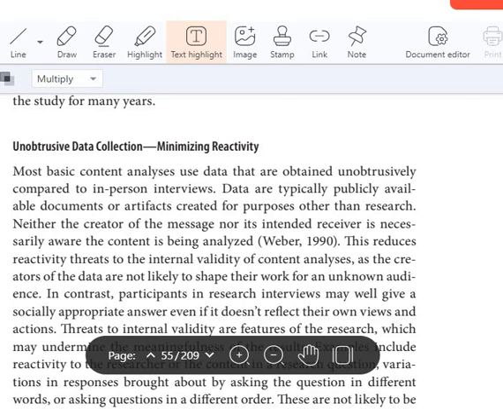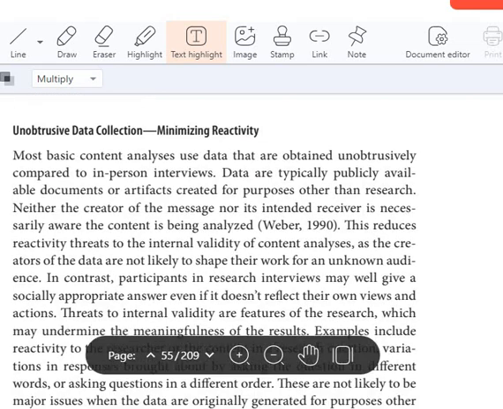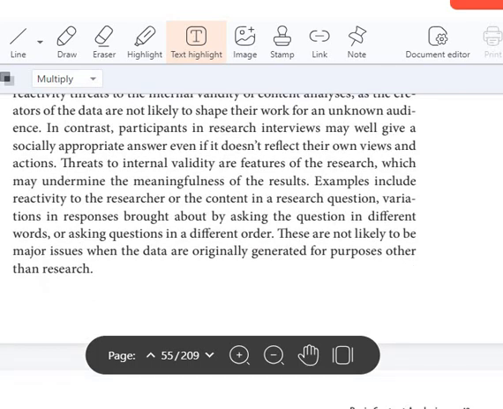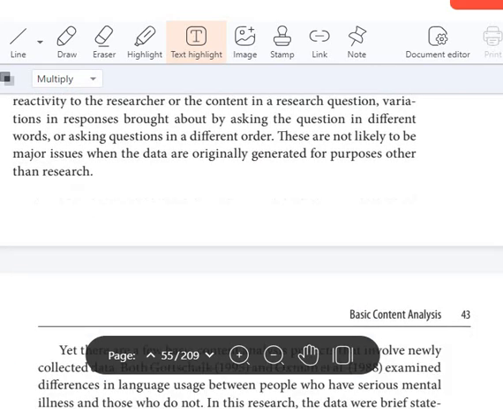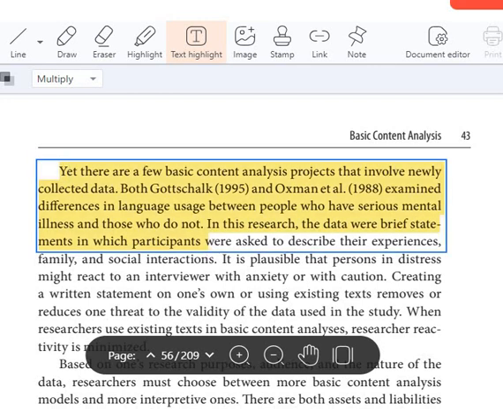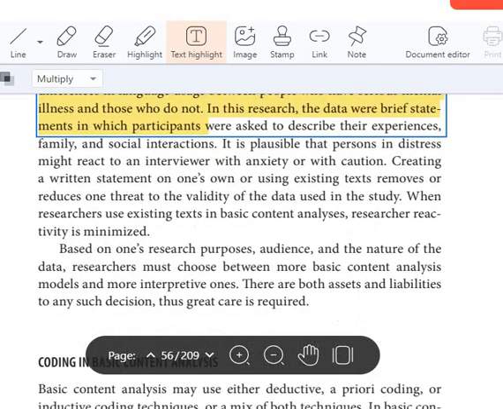So it means that basic content analysis is not only used for research purposes. There are a few basic content analysis projects that involve newly collected data, and here it gives some examples, like these two studies that examine differences in language use between people who have serious mental illness and those who do not.